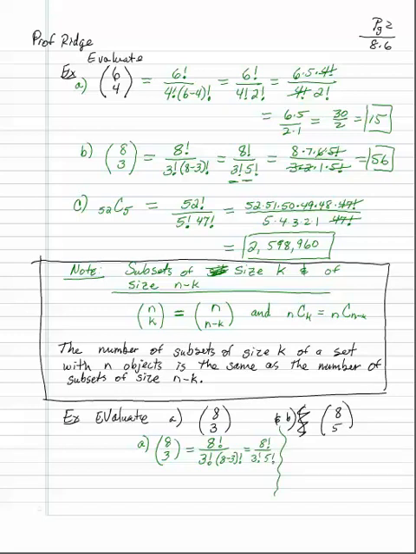If I do 8 choose 5, that's 8 factorial over 5 factorial times 8 minus 5 factorial, which equals 8 factorial over 5 factorial times 3 factorial. Because multiplication is commutative, the denominators are the same. So both give you the same answer, 56, as we found above.